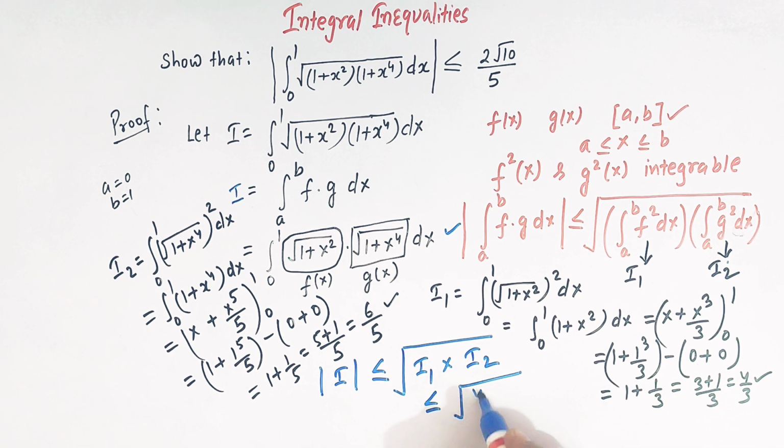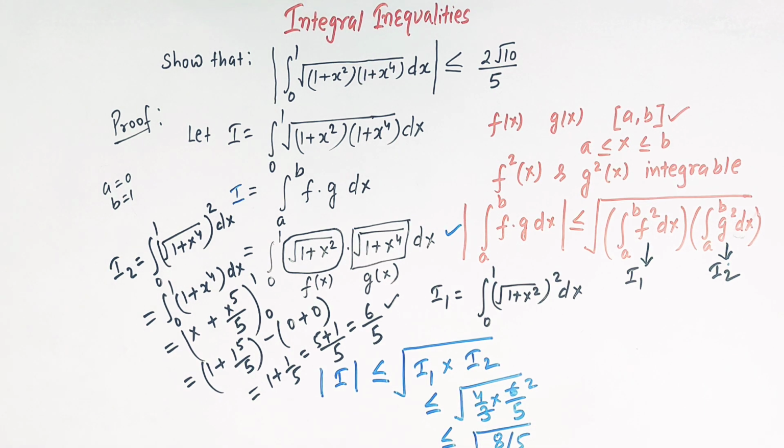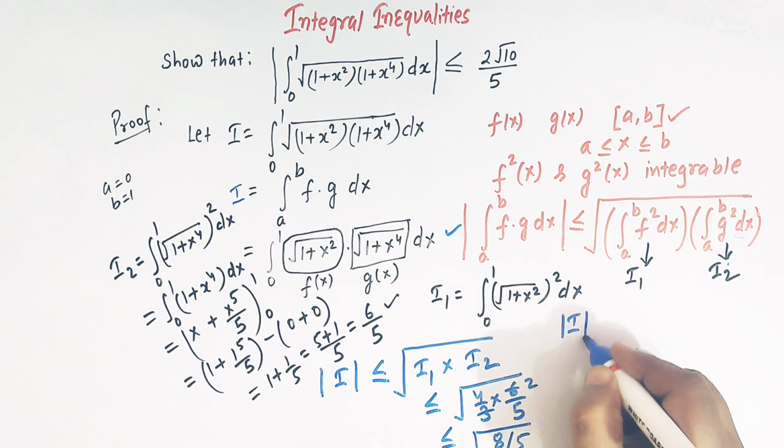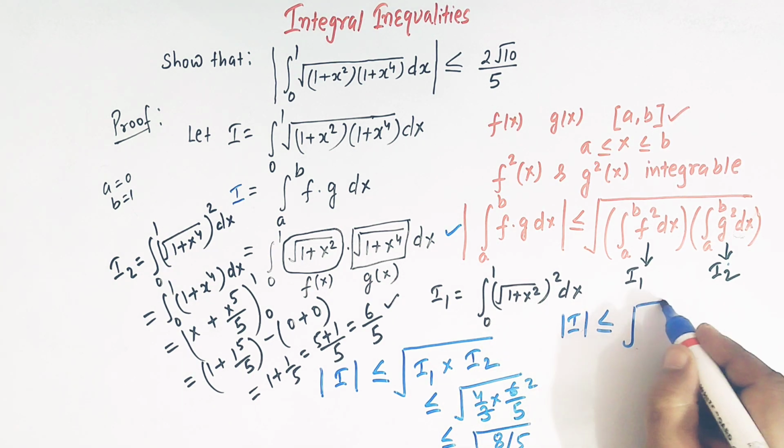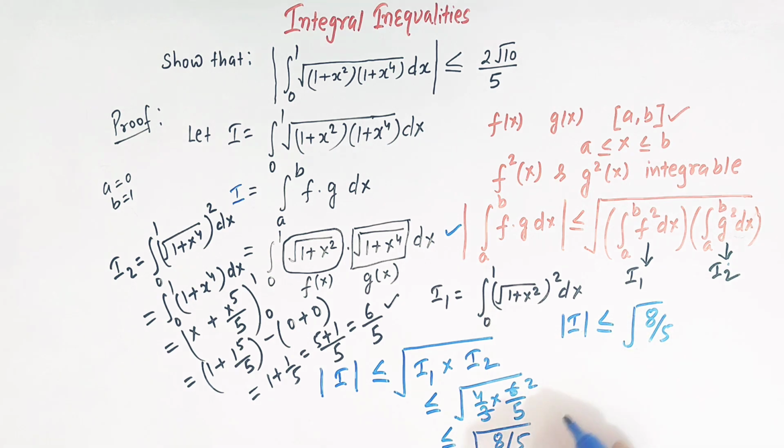I1 is 4 over 3, I2 is 6 over 5. Now we can simplify this expression. So mod of I is less than or equal to the square root of 8 over 5.